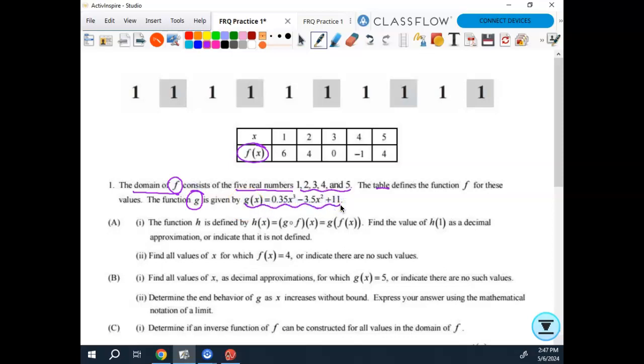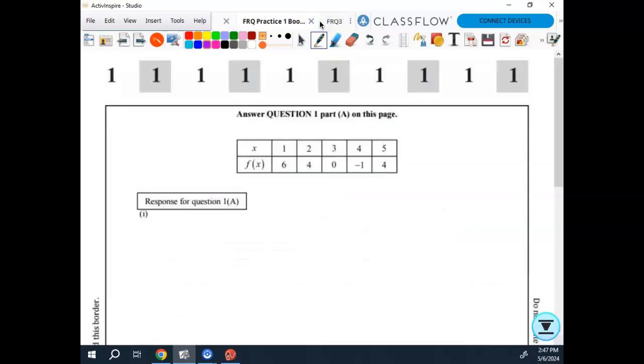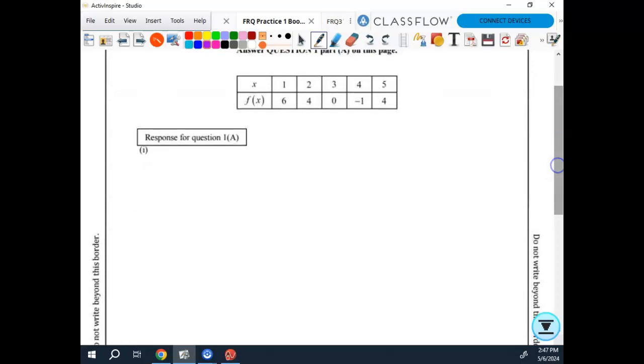The function H is defined by H of X equals G of F of X. I want to find the value of H of 1 as a decimal approximation, or indicate that it is not defined. Here is my practice booklet. Because I can't flip back and forth very easily, I'm going to write G of X up here so that I have it handy.